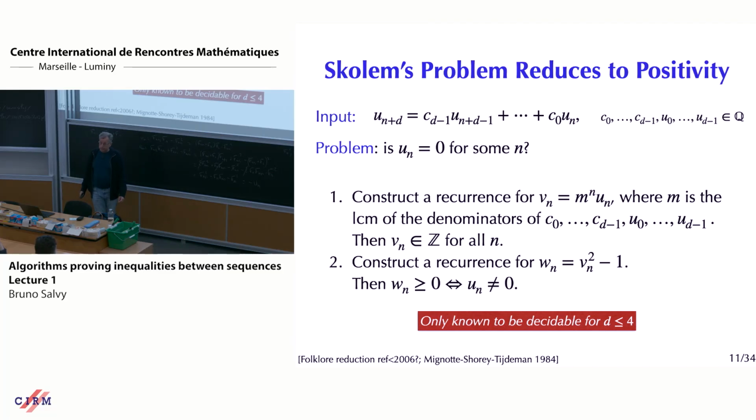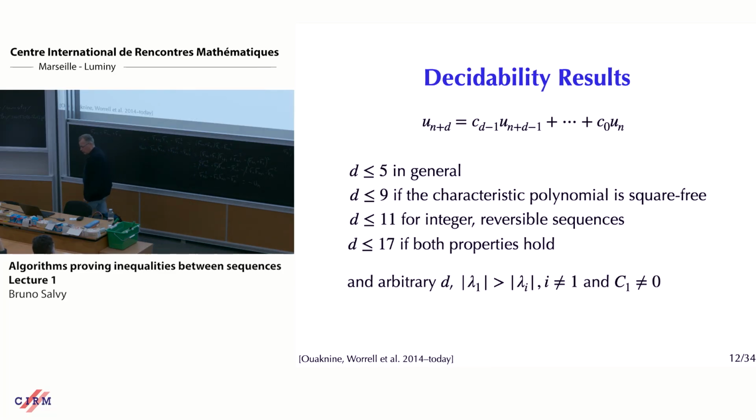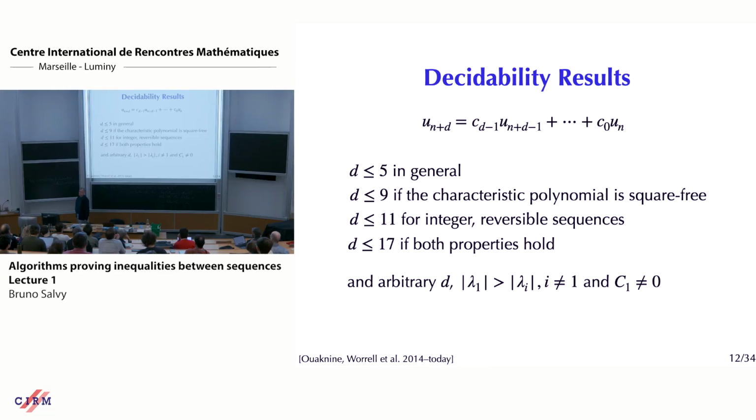So what do we know for, not for the Skolem problem, but for linear recurrences with constant coefficients? There's been a lot of work, in particular by Ouaknine, Worrell, and many of their co-authors. We know that positivity is decidable in general for order at most 5. If, moreover, the characteristic polynomial is square free, there are no multiple roots, then we have decidability for order at most 9.